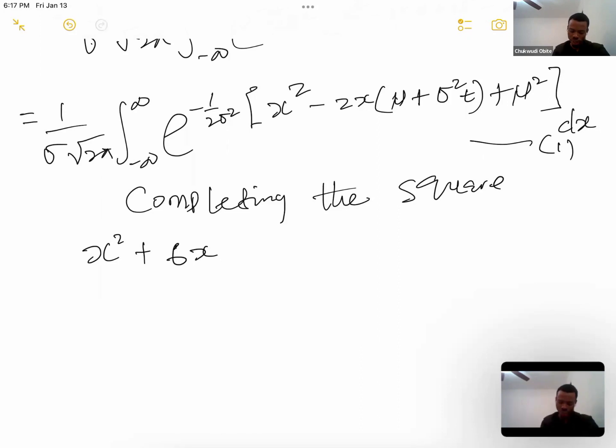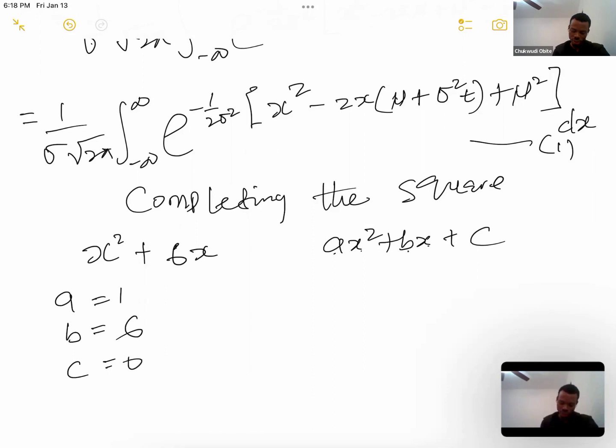The quadratic equation is ax squared plus bx plus c, where a is the coefficient of x squared, b is the coefficient of x, and c is the constant. Comparing these two equations, my a is 1, my b is 6, and my c is 0, just like I have plus 0 here. So first, the coefficient of x squared, which is a, must be 1.